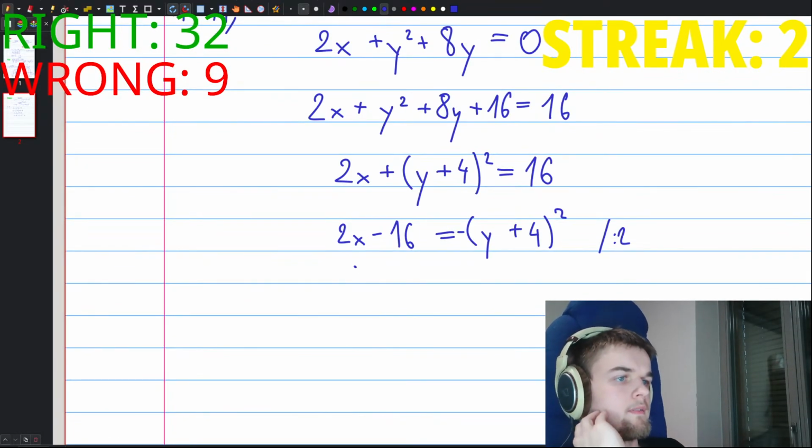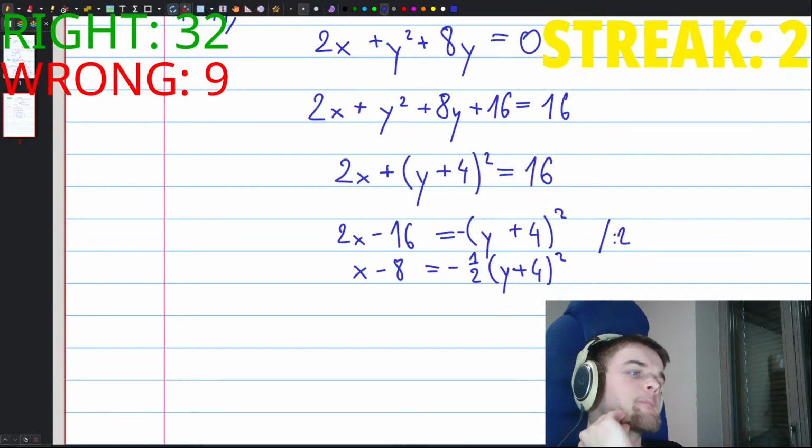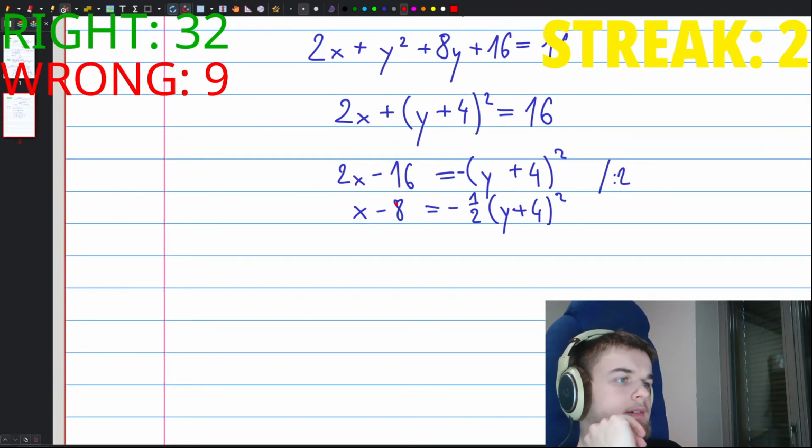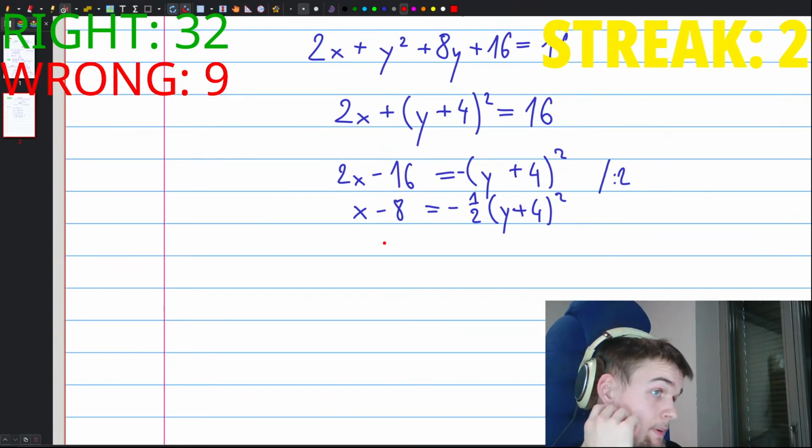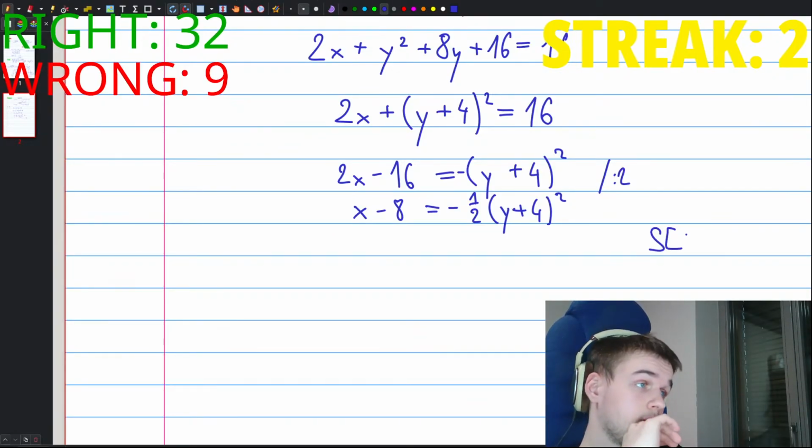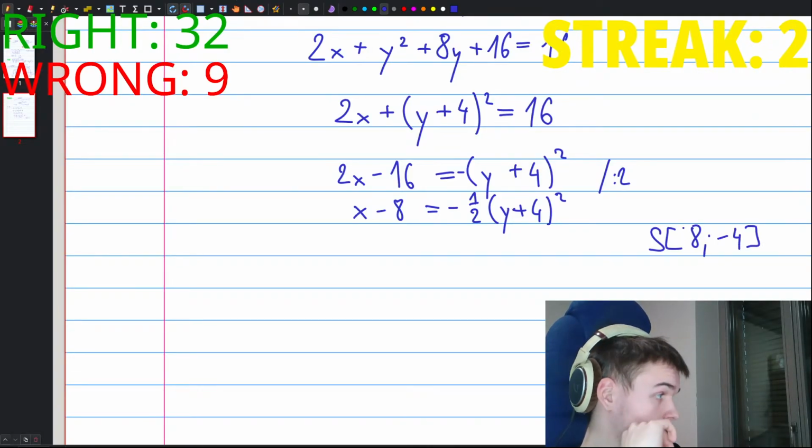And we get x minus 8 equals minus 1/2 of y plus 4 squared. And since this is 8 and not 1, it can't really be an ellipse. So it's a parabole. The center is in 8, minus 4, I hope.